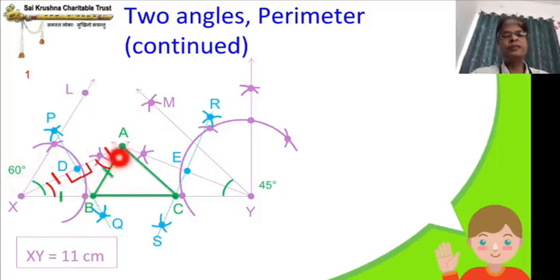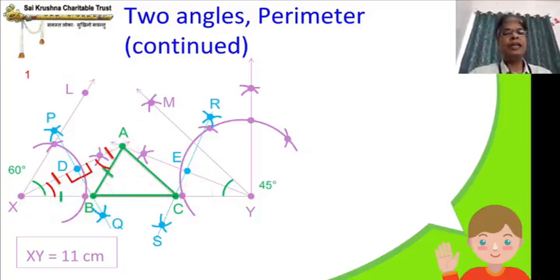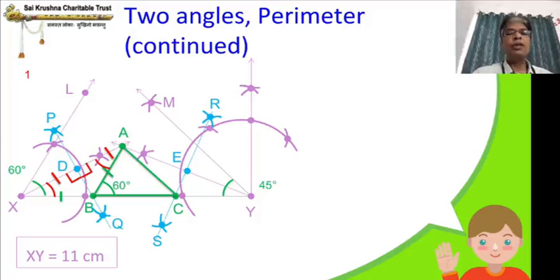That means DXB into 2 equal to LXB, but DXB into 2 is also equal to ABC. So therefore what happens? LXB equal to 60 degrees, ABC equal to 60 degrees. Therefore we are getting, I am drawing this also 60 degrees. So now what we have got? Two things we have got. One is we have got XB equal to AB, ABC equal to 60 degrees. In the same way, we will be able to prove on the right side.